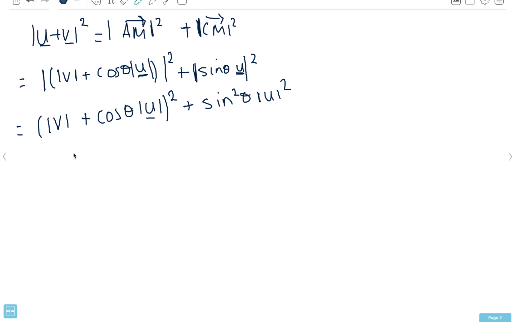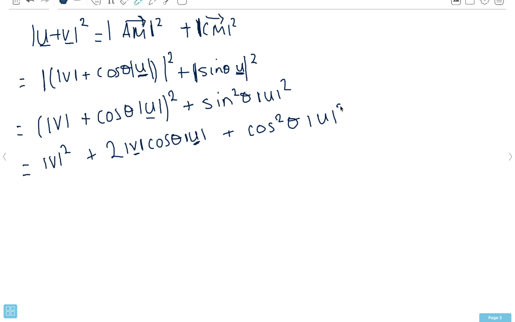Now let's expand out this part. We have mod v squared plus 2 mod v cosine theta mod u plus cosine squared theta mod u squared.